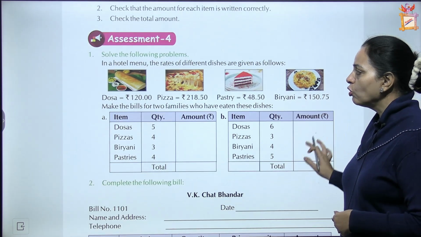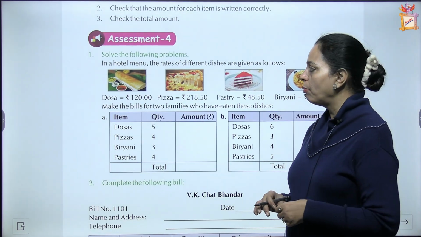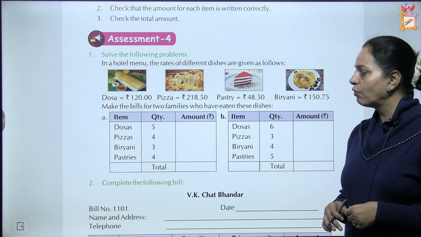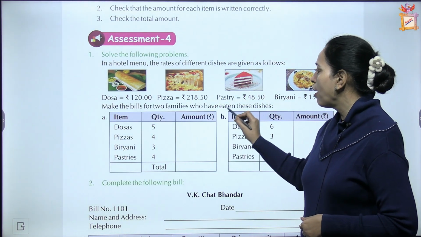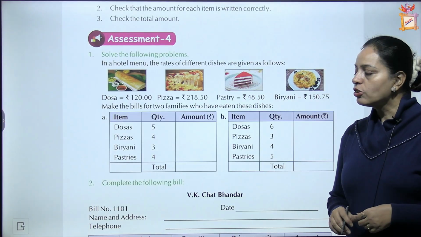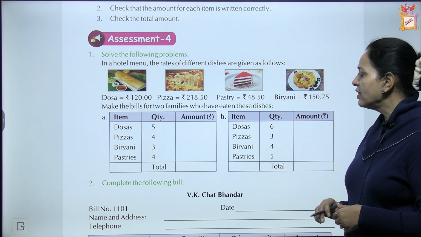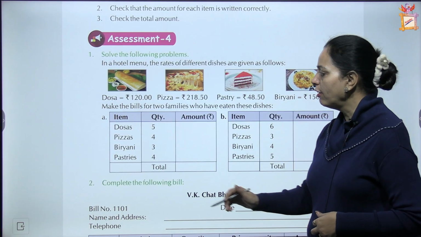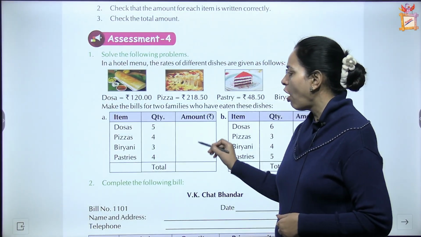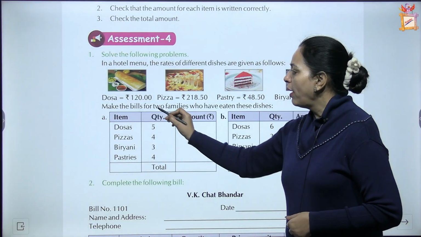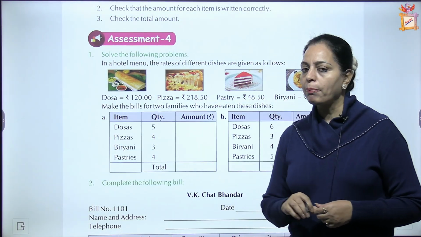Now assessment 4, question number 1. Solve this problem. In a hotel menu, the rates of different dishes are given as follows, like dosa, pizza, pastry, biryani. So make the bills for 2 families who have eaten these dishes. So see here, item, quantity and how much amount. So dosa, 5 dosa, and 120 rupees per dosa.